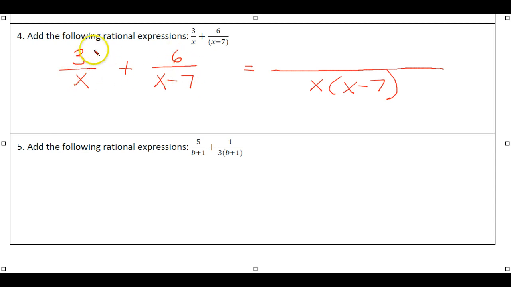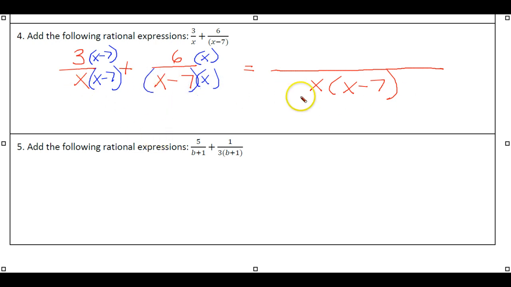But we want to make these denominators this. So this one is missing a 1 in the form of x minus 7. And this one's missing a 1 in the form of x over x.